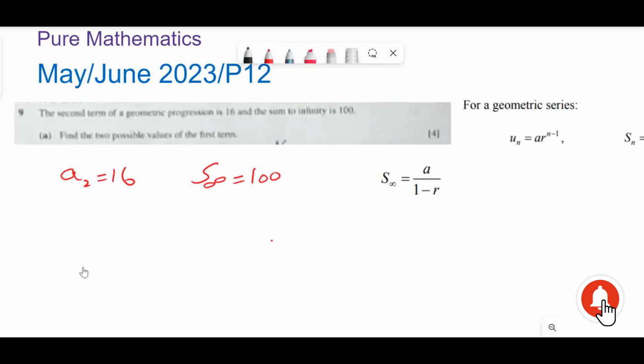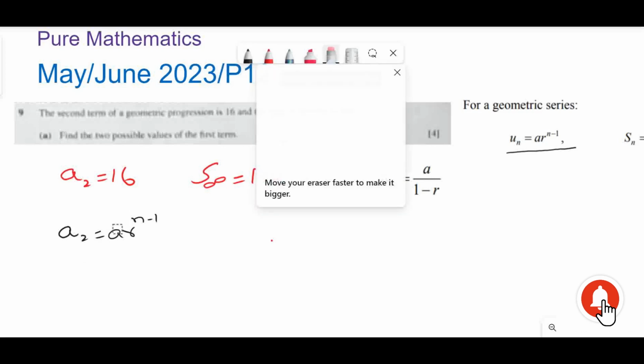Now, as we can see, the formula for the geometric progression is this one. So A2 will be equal to A r to the power n minus 1. Here n is 2, so we can replace it with 2.